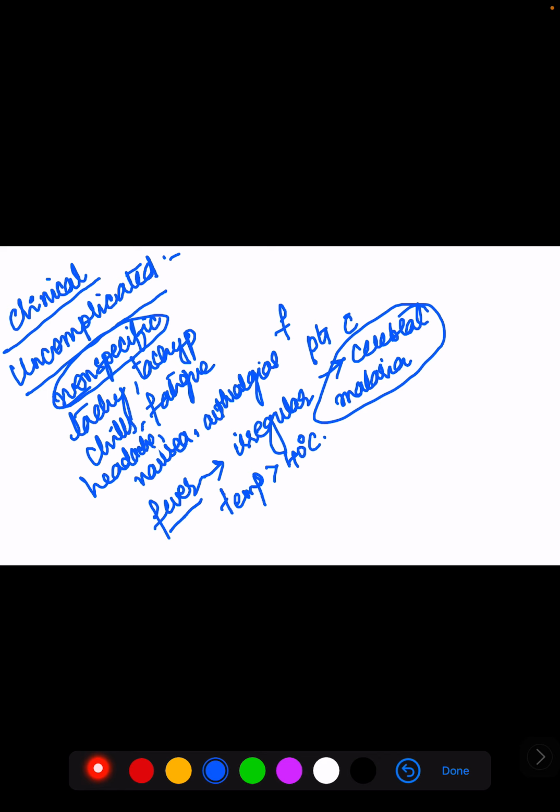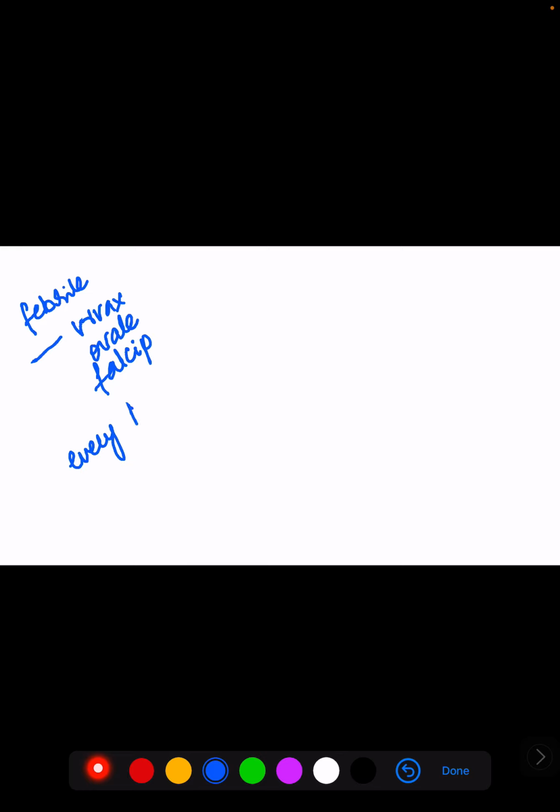Febrile paroxysms occur every other day for vivax, ovale and falciparum, and every third day for Plasmodium malariae.